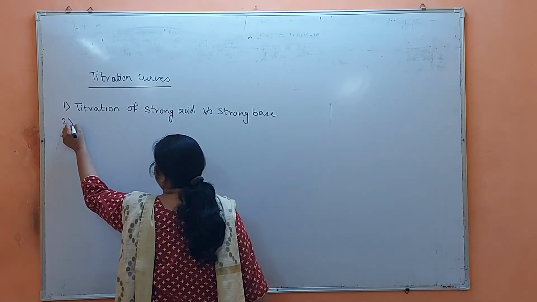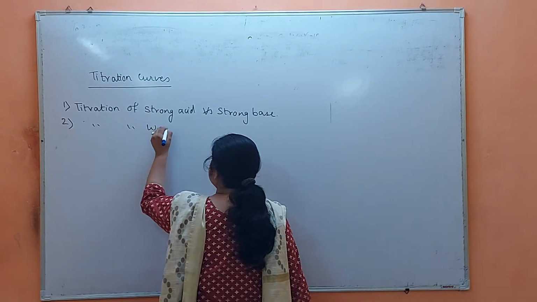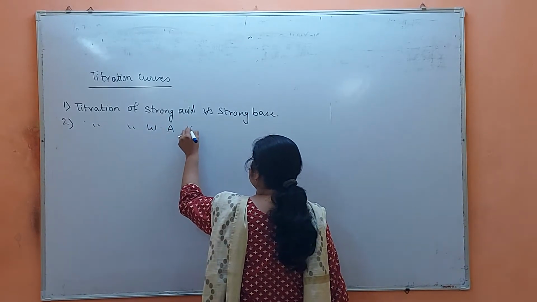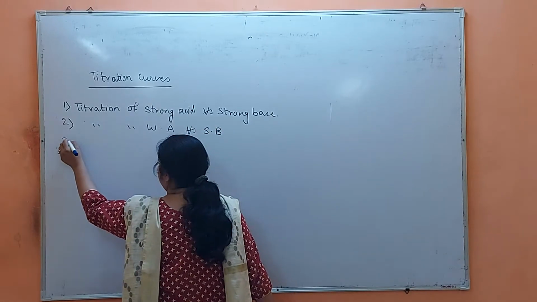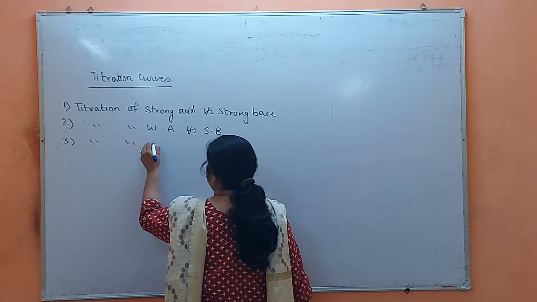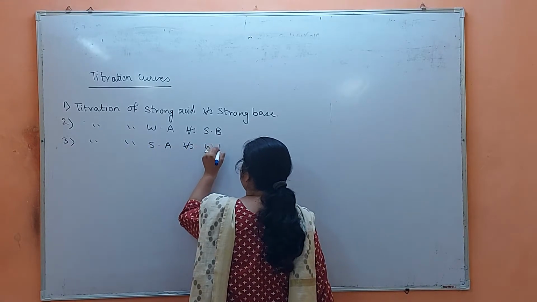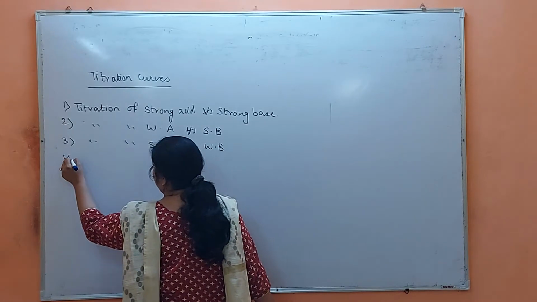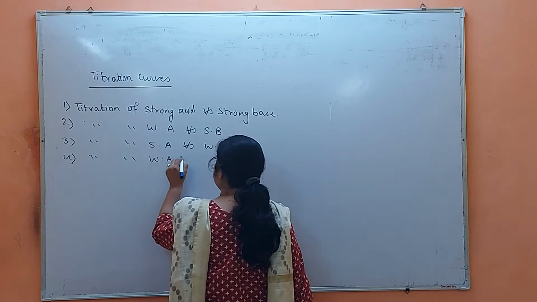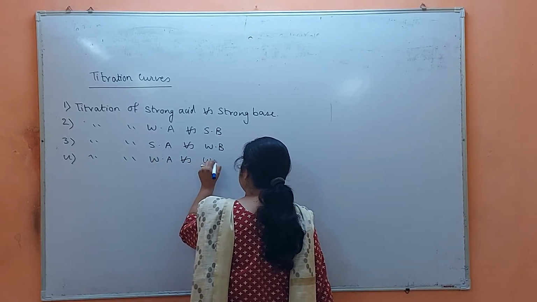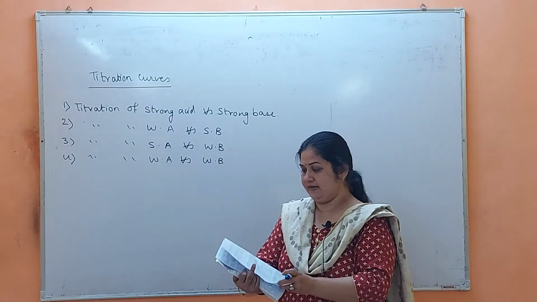Second, titration of weak acid versus strong base. Third one, titration of strong acid versus weak base. And fourth one, titration of weak acid versus weak base. So these are the basically 4 types of titration.